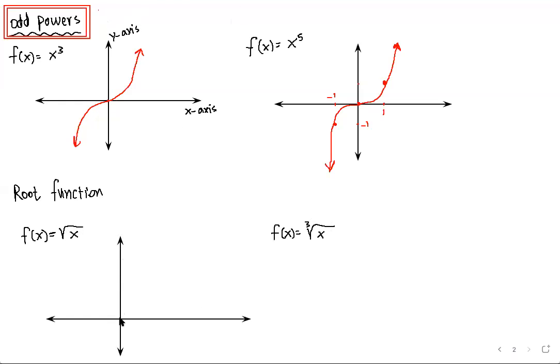At 0, 0. At 1 it is 1. For this one, it has a graph something like this.